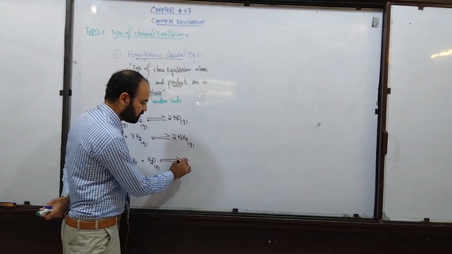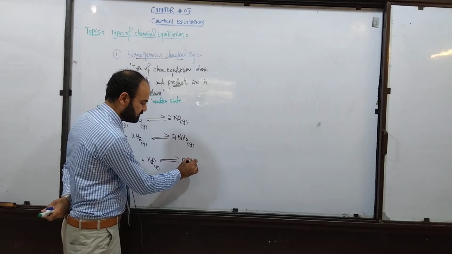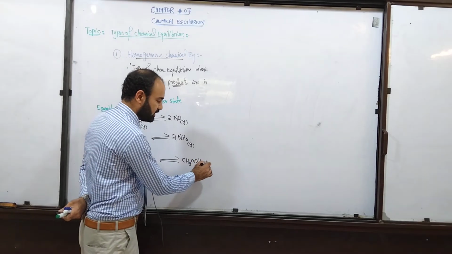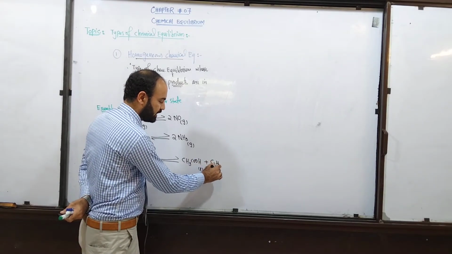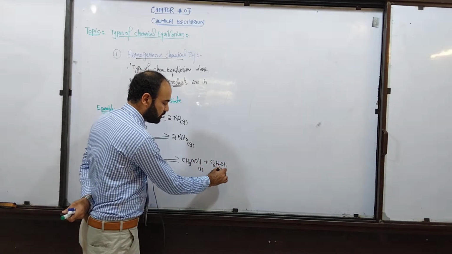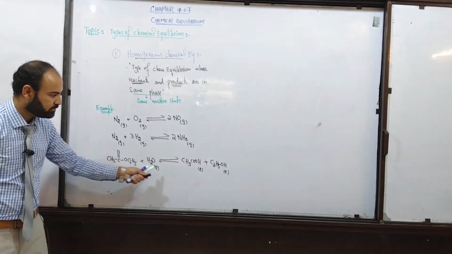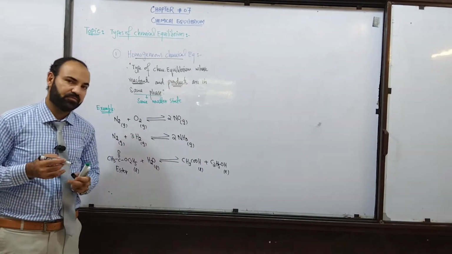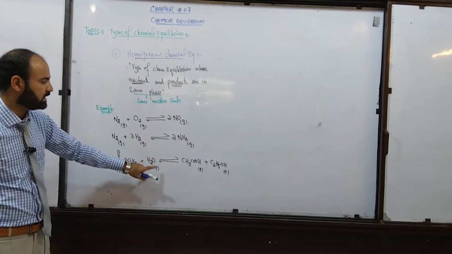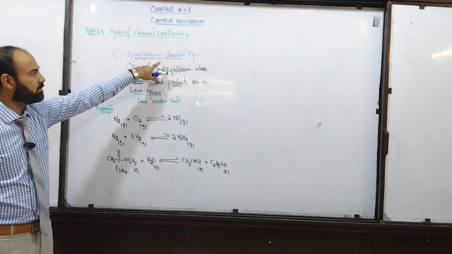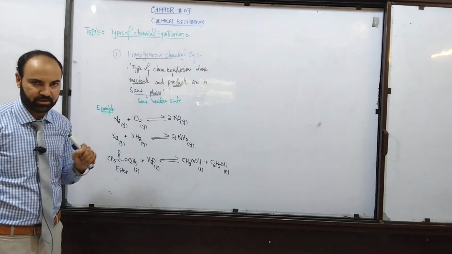It forms a carboxylic acid in the liquid state, and it also forms ethanol, an alcohol, in the liquid state. So again, reactants and products are in the same phase. That's why these are known as examples of homogeneous chemical dynamic equilibrium.